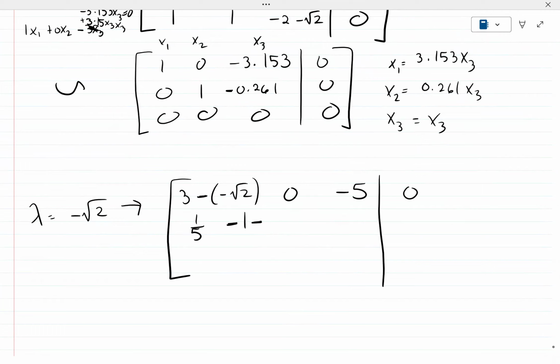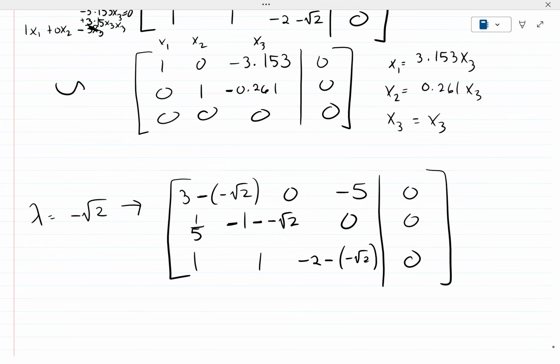Minus 1 minus my lambda, so that's minus square root of 2. And this is going to be 1, 1, and then negative 2 minus negative square root of 2. This is still augmented with 0.